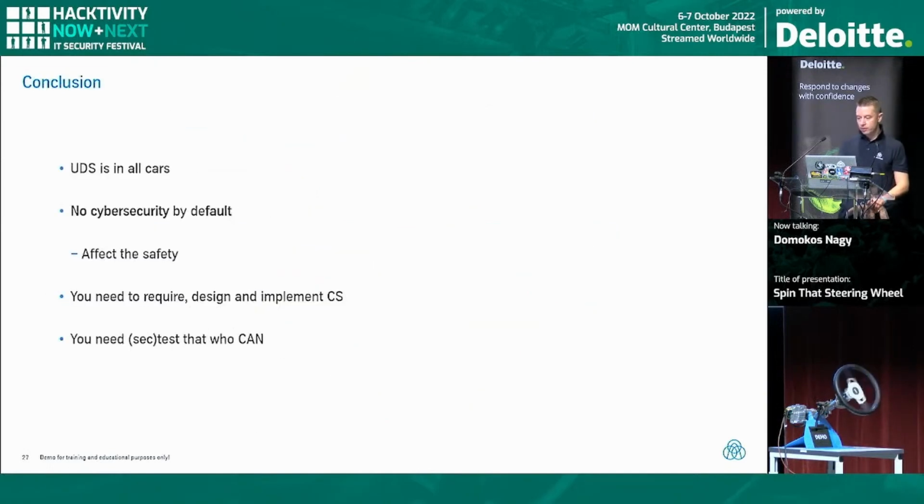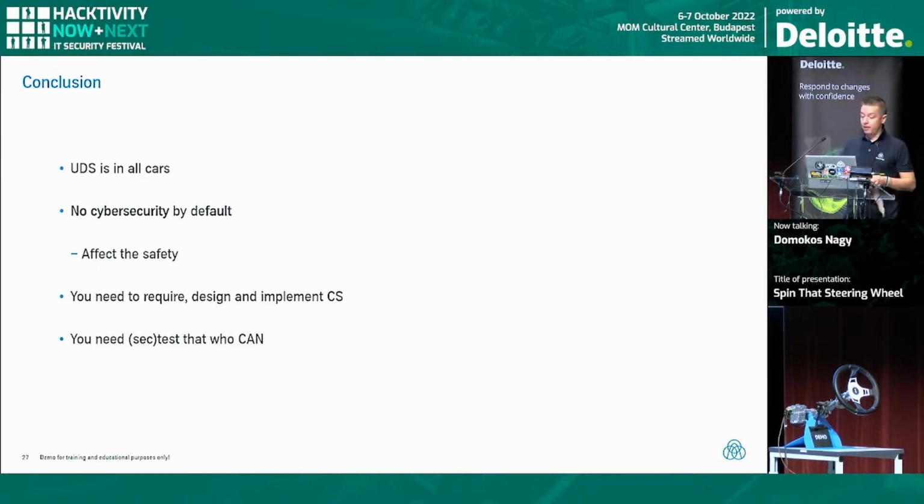So some conclusions: while UDS is in all vehicles, by default there is no cybersecurity, and keeping in mind the possible effects on safety, you need to require, design and implement the layers of it, and it can be weak.